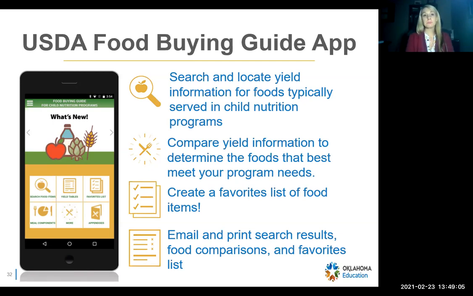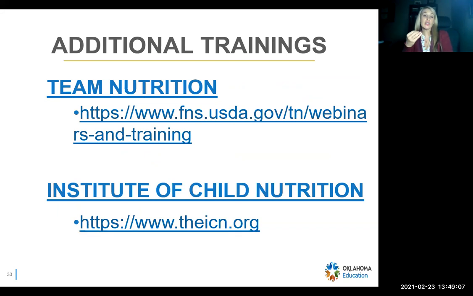I suggest it. If you are interested in any additional trainings, Team Nutrition and the Institute of Child Nutrition are excellent sources. The Institute of Child Nutrition, that's all they do, is do trainings for child nutrition programs. If you go to theicn.org or go to our website under training information upcoming, we have instructions out there of how to find any training imaginable.